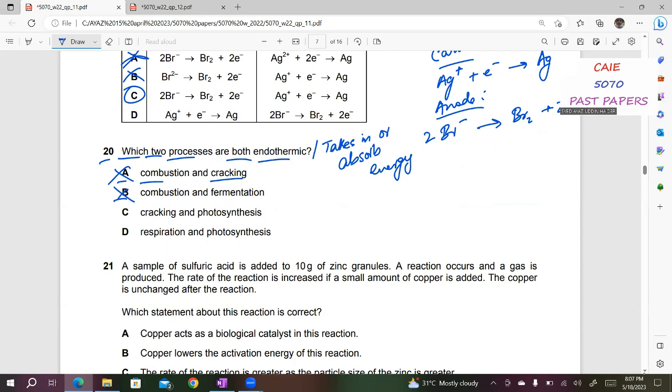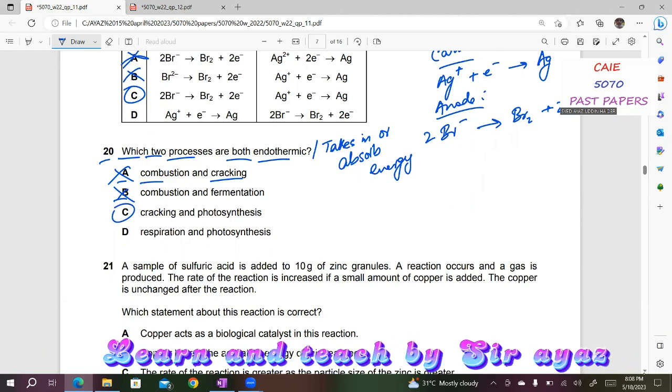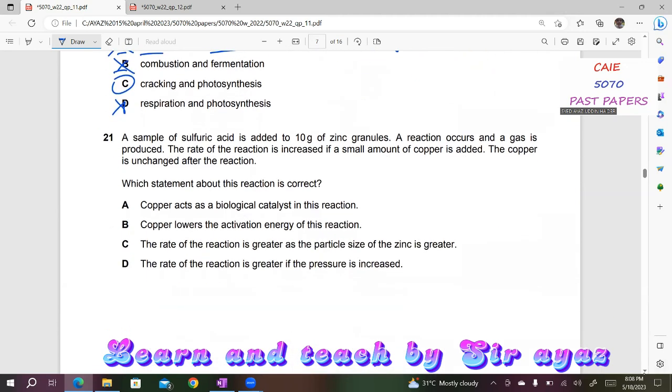Cracking involves breaking up of long hydrocarbons, which requires energy, and photosynthesis is also endothermic. So choice C will be correct for question number 20. For your convenience, I will read choice D also. Respiration is exothermic, photosynthesis is endothermic. So this is wrong.